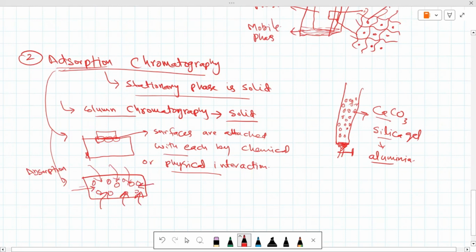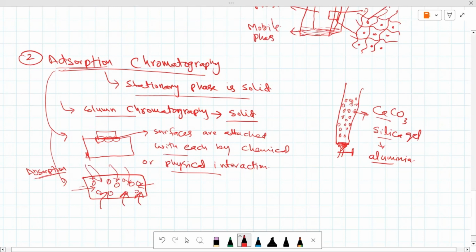This process is called absorption. The water molecule will move inside the sponge or inside the material. That process is called absorption.